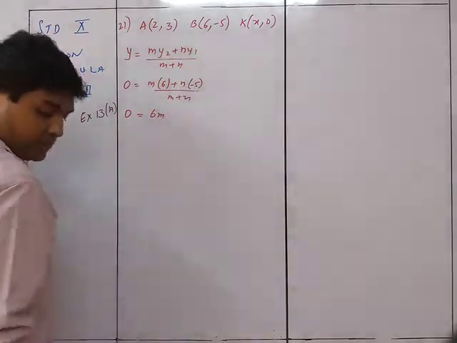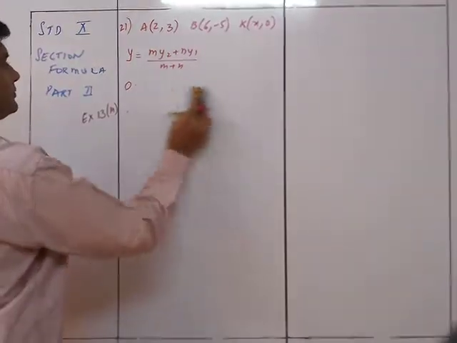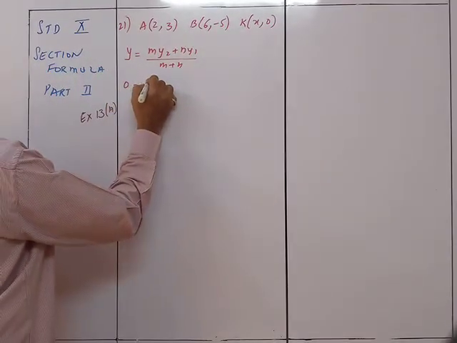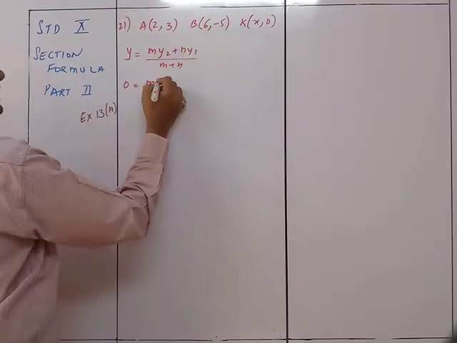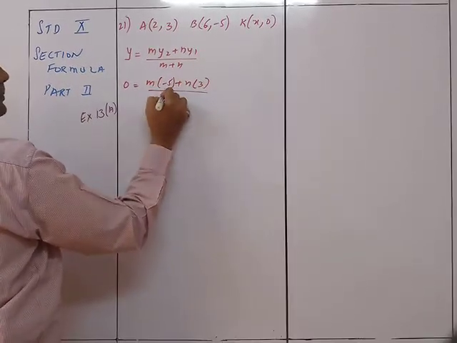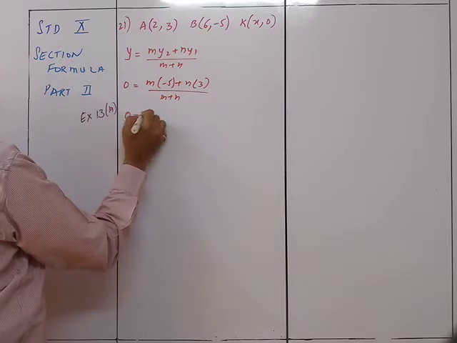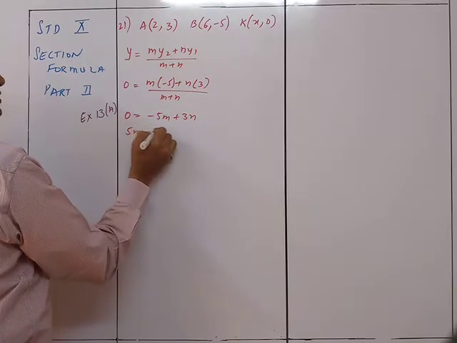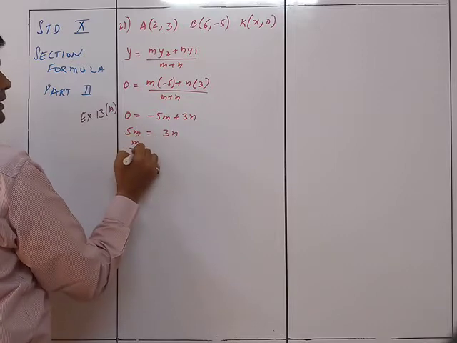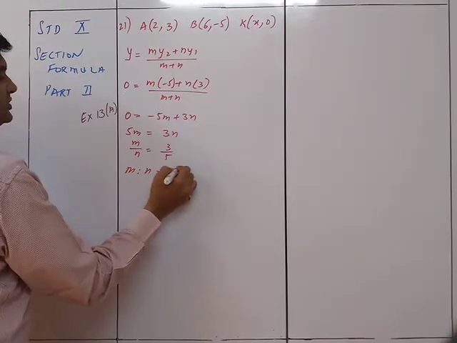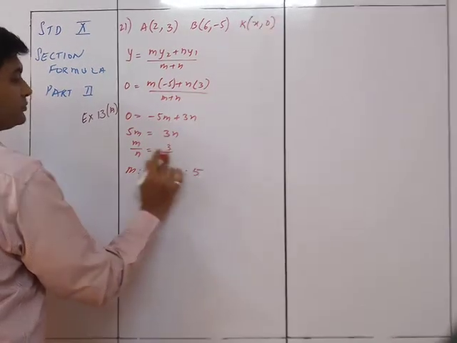One sec, we are talking about y. So 0 is equal to (m into -5 plus n into 3) upon (m + n). So 0 is equal to -5m + 3n. So 5m is equal to 3n. So m upon n is equal to 3 upon 5. So m is to n is 3 is to 5.